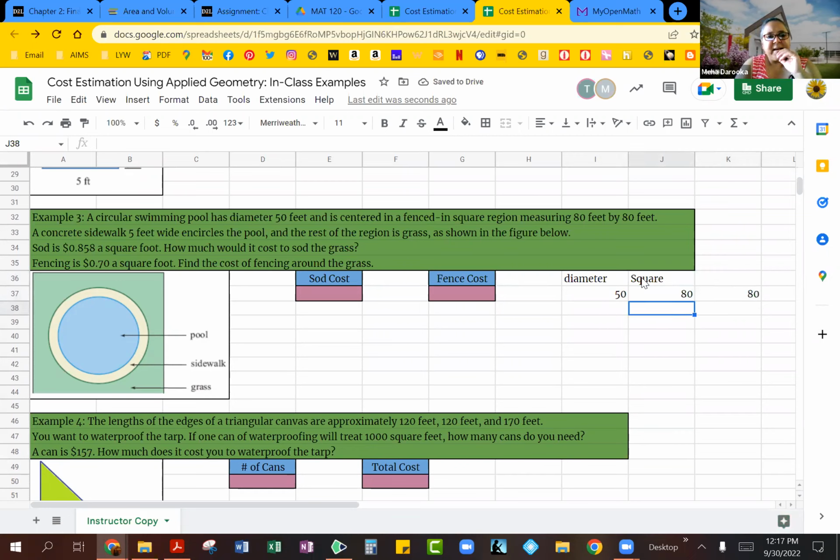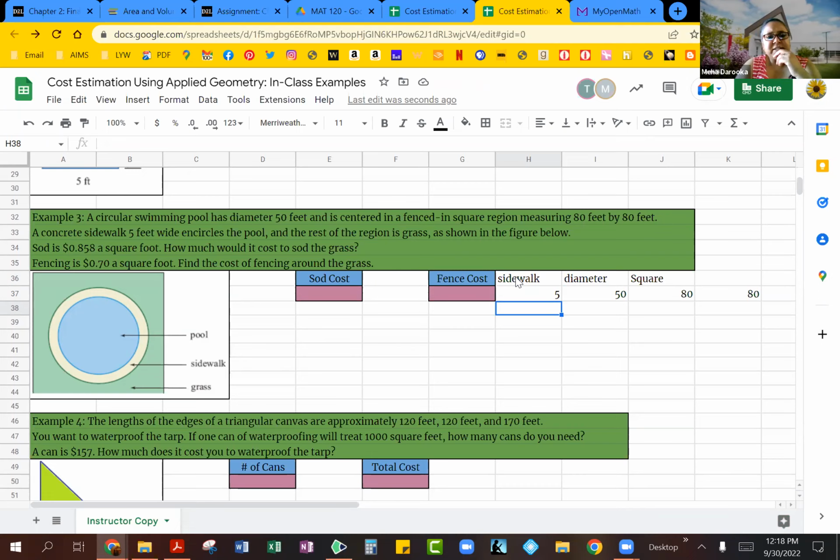And then they're telling us we have a concrete sidewalk, which is 5 feet wide, that encircles the pool. And of course, everything else that is remaining is your grassy area, your garden region.